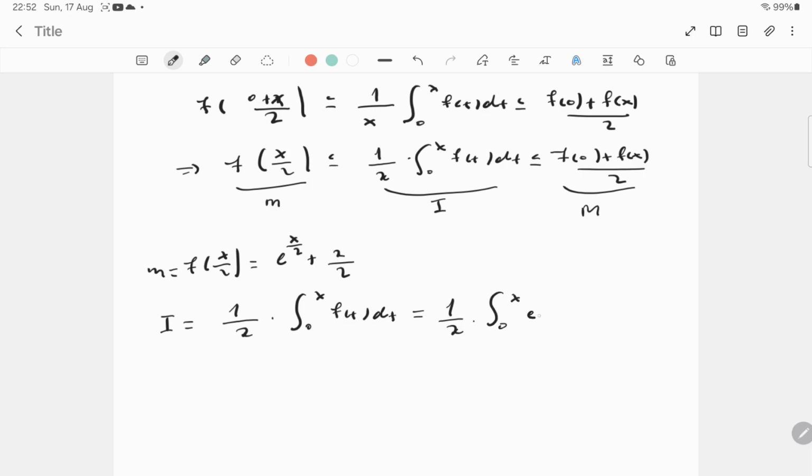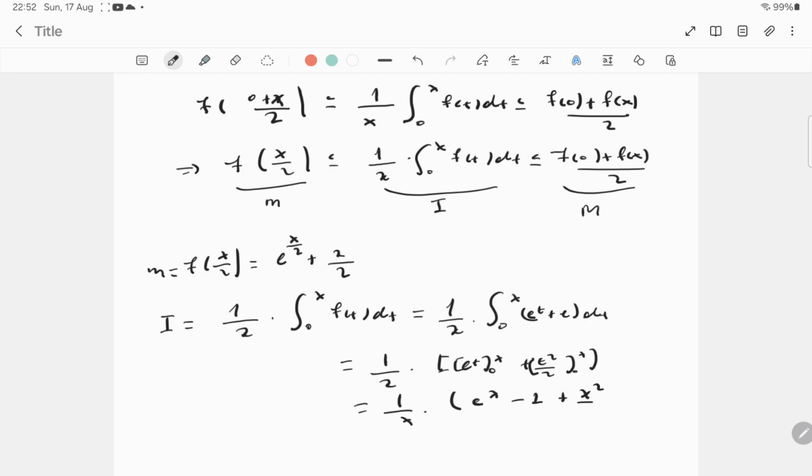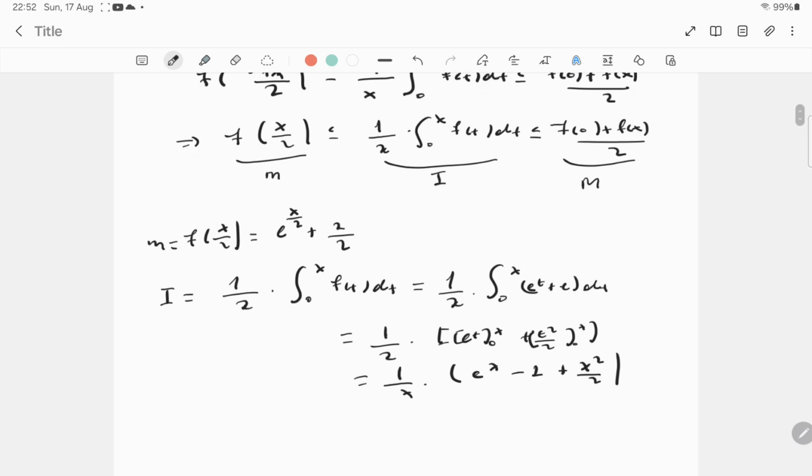The integral of e to the power of t plus t dt. So that's e to the power of t from 0 to x plus t squared over 2 from 0 to x. That's 1 over x times (e to the power of x minus 1 plus x squared divided by 2).